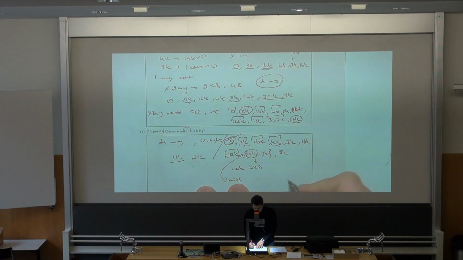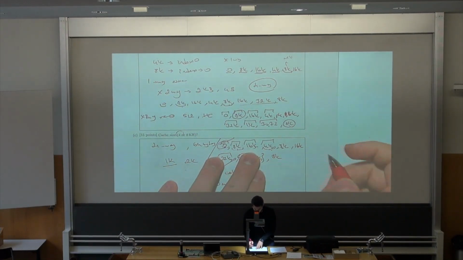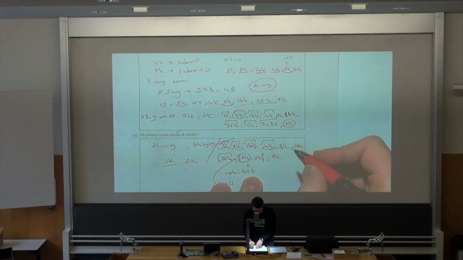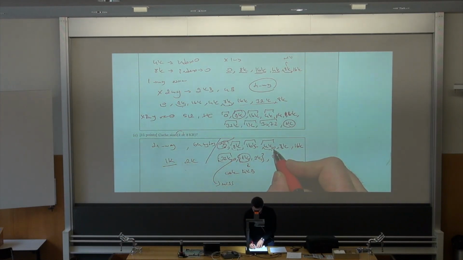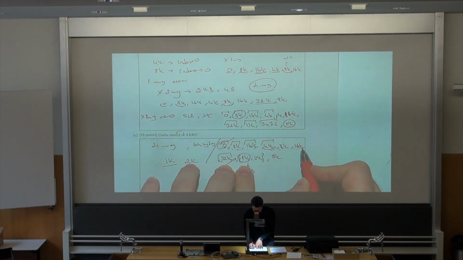So 1K will be put, and for the 3K again, I'm going to replace either 4K again, because this will be the least recently used. If it is not 16, let me see. We access 8K, 16K, 32, and this one.